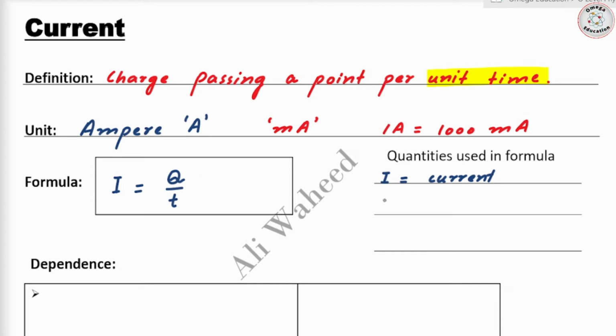And Q, you can write as small q or capital Q. It represents charge, and small t represents time. And once again, in terms of units, current is measured in amperes, charge is measured in capital C, which is coulombs, and time, the standard unit of time, is seconds.